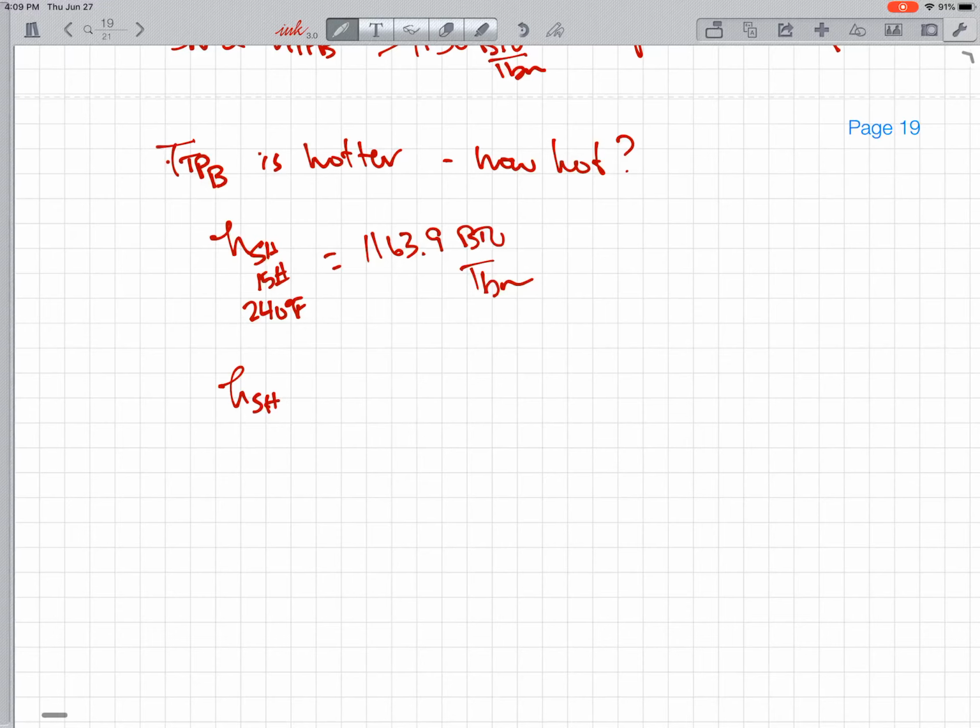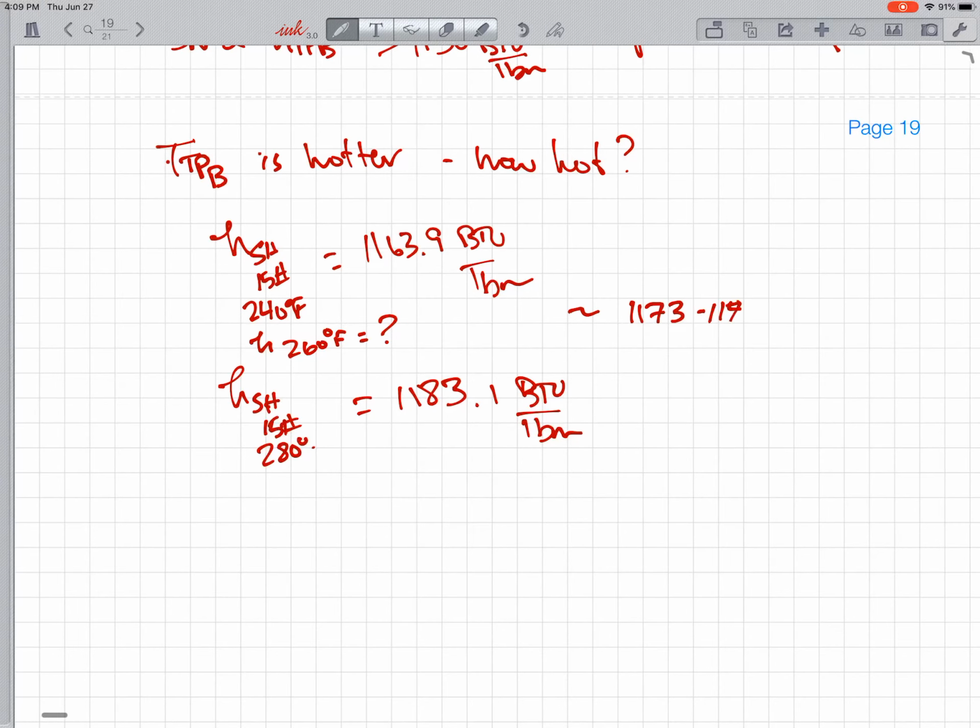Enthalpy superheat of 15 pounds, 280 degrees Fahrenheit is 1183.1 BTUs per pound mass. So what do you think the enthalpy is at 260 degrees? What is that enthalpy? I'm going to say it's around 1173.74.